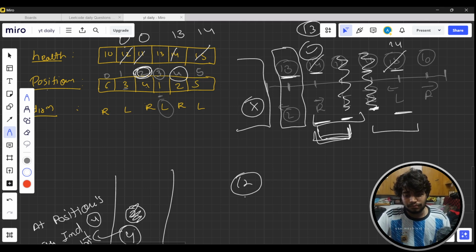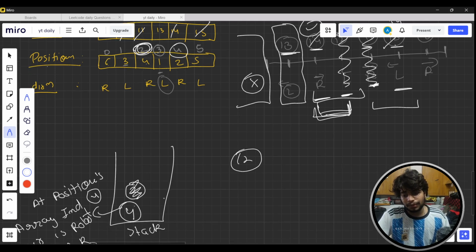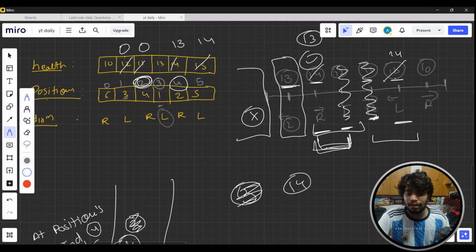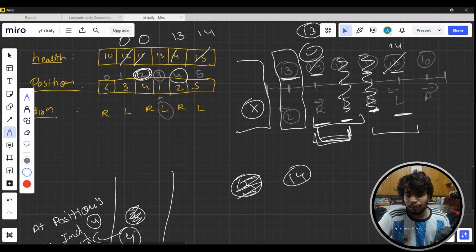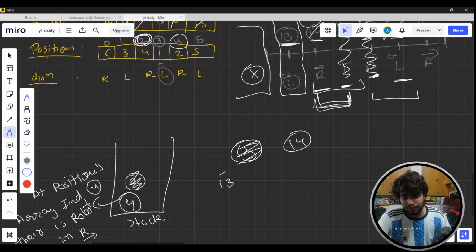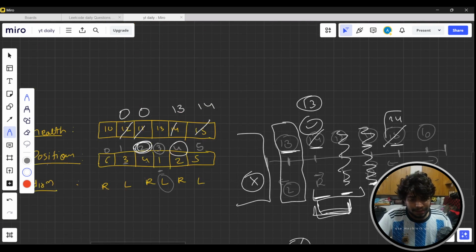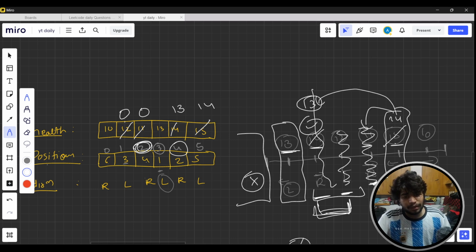Then again there is a robot which is moving in the right direction, and there is a robot which is moving in the left direction with a health of 15. With the health reduced to 14, and the health of that one is 13. Who will win? For sure this will win. Its health will be decreased by 13, and so on. Meaning this robot will first kill this robot, then kill this robot, and move on.